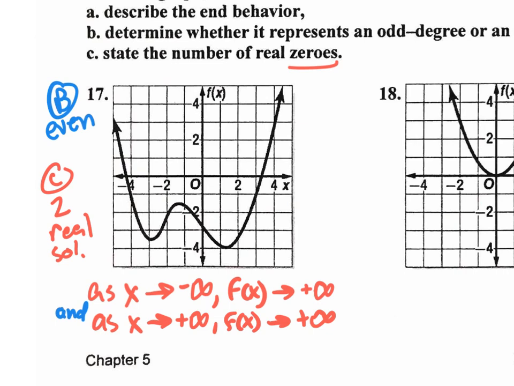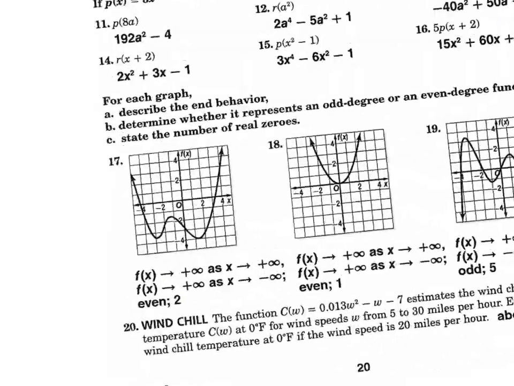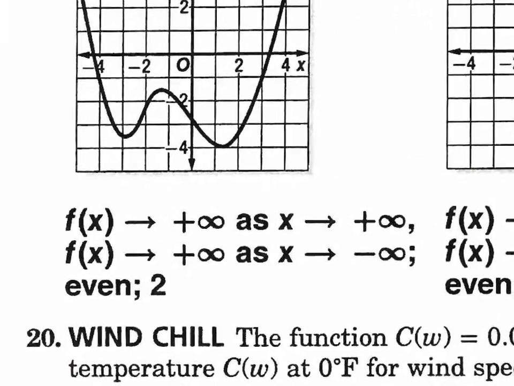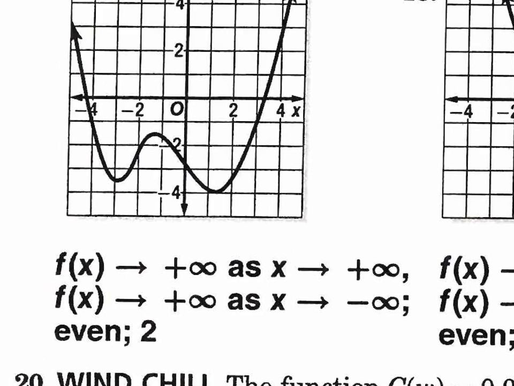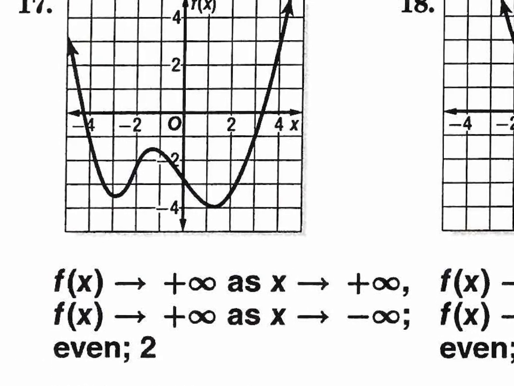Now, if you do look at your answers in the back, they didn't do the description of the end behavior like this. I don't know why, but they did it a little bit different. Instead of talking about x's, it doesn't say as x approaches. They say the y values. They say the y value, as it goes up, the x also goes in the positive direction.